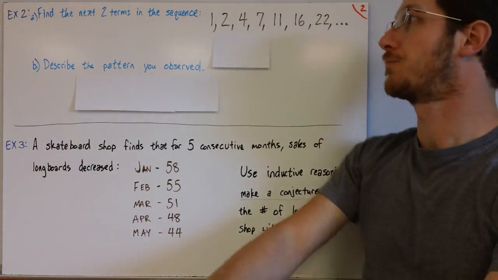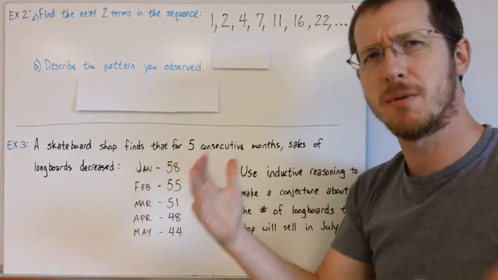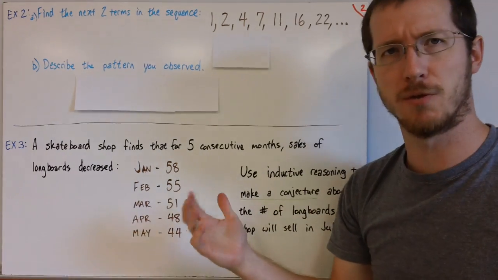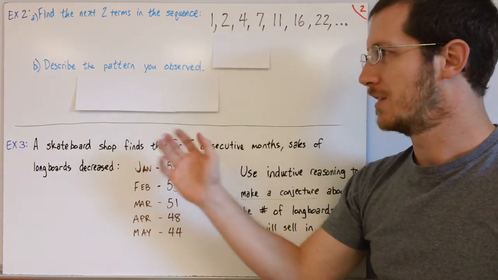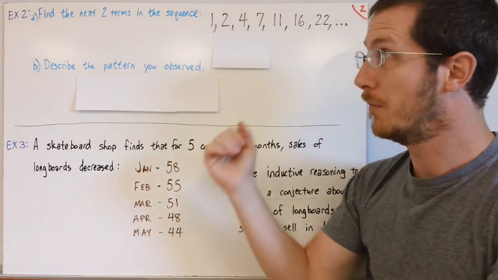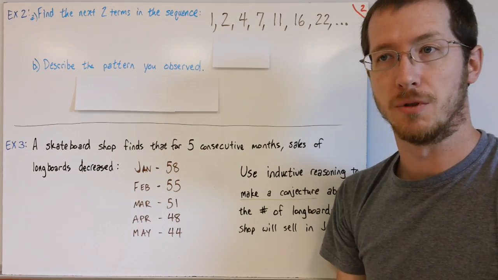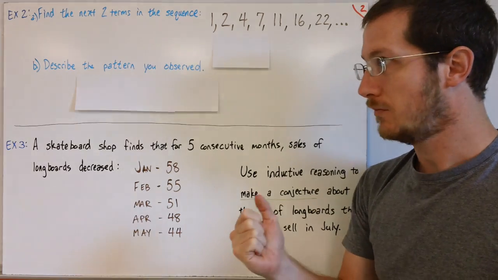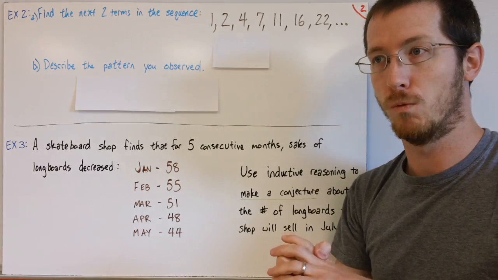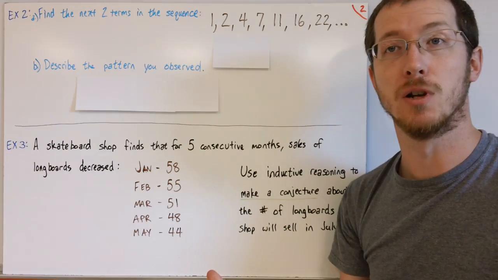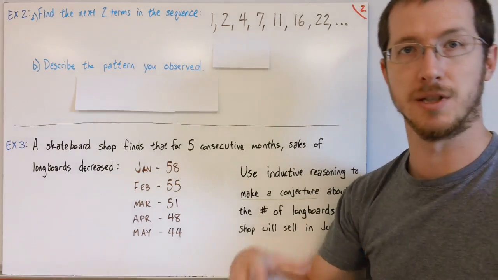Okay, another example. It says find the next two terms in the sequence. And you might be thinking, Mr. Flory, I thought this was a geometry class. Why are we dealing with all these numbers that look like algebra? Well, inductive reasoning is a huge part of geometry and life, really. It's essential for geometry. We're not just going to be talking about circles, triangles, squares, and lines.